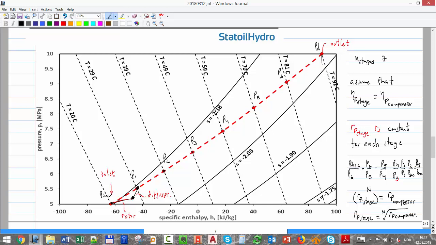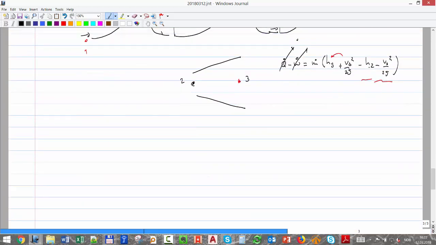So power is equal to mass flow times delta HP, that is, H discharge polytropic minus H suction polytropic. Is that correct? Is that the total power I need?